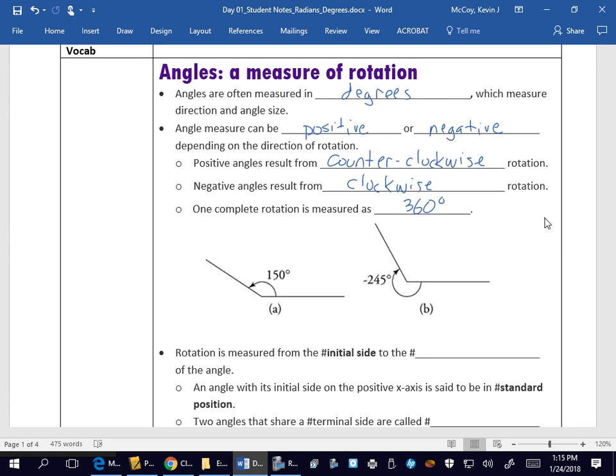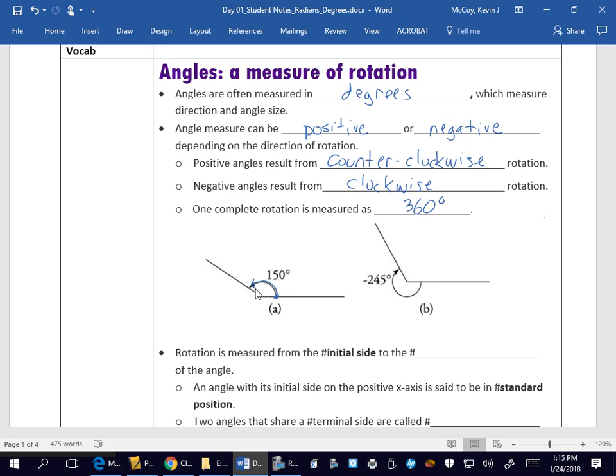If you look at this first example, letter A, we started right here where the blue dot is, and we have measured the angle following this little arc that way. That is a counterclockwise rotation, and it is a measurement of positive 150 degrees going in that direction.